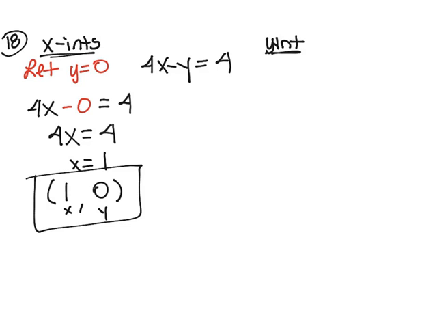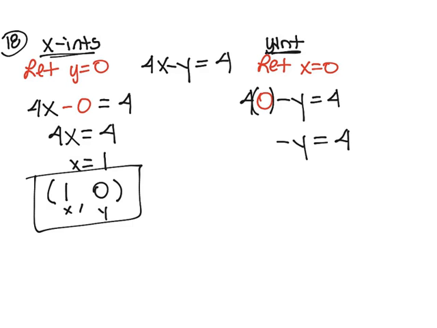When I'm looking for my y-intercept, I'm going to let x be 0. Very good. So when I let x be 0, that's technically gone. So you just got negative y equals 4.